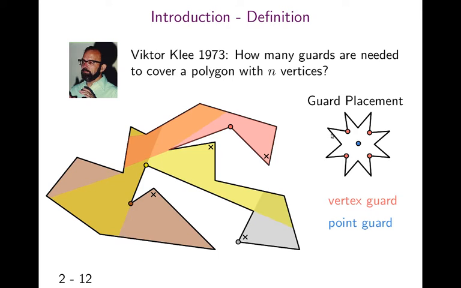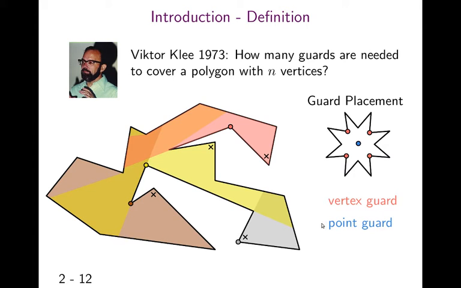For the talk here, we will talk about only simple polygons, and we will consider this so-called point guard variant or interior guard variant, where the guards can be anywhere inside the polygon or on the boundary or the vertex. This is in contrast to the more popular vertex guard variant, where you're only allowed to place your guards at the vertices.